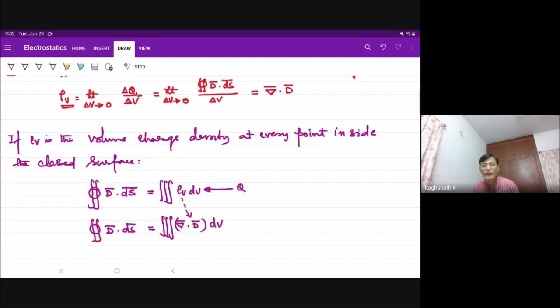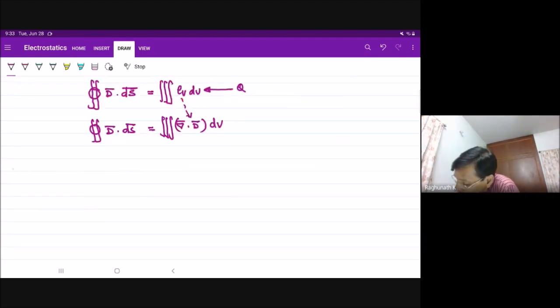I'm sure you are going to see the possible wonderful applications of Gauss law today. See now, this is what we are supposed to know. Divergence is always of a vector field. I can talk about a vector field also.